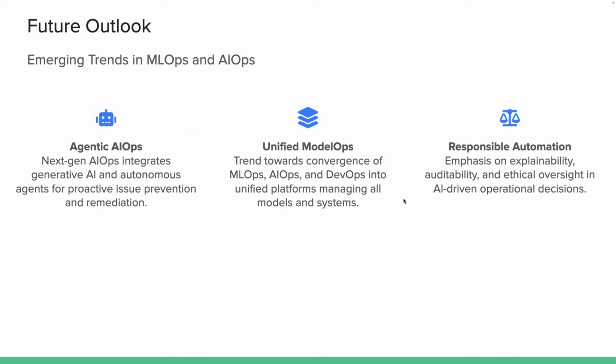In future, maybe we might be dealing with agentic AIOps, or we might be dealing with unified MLOps, model ops, or we might be dealing with responsible automation. But this is something for the future. We haven't reached the point where we have perfect AIOps or MLOps tools as of today.